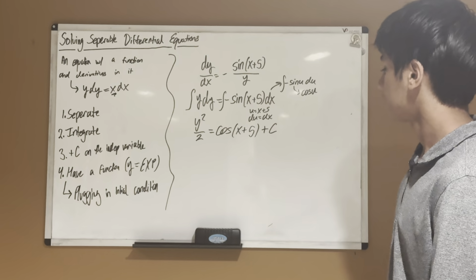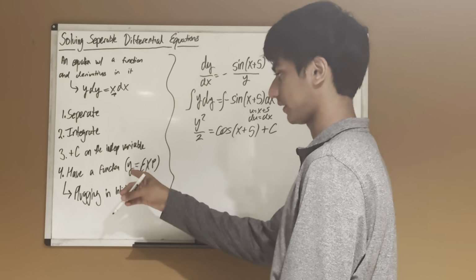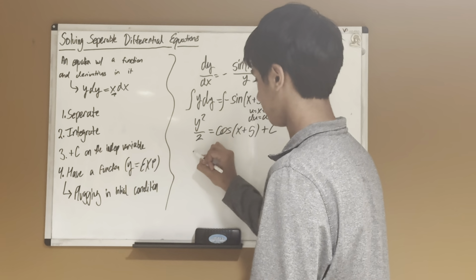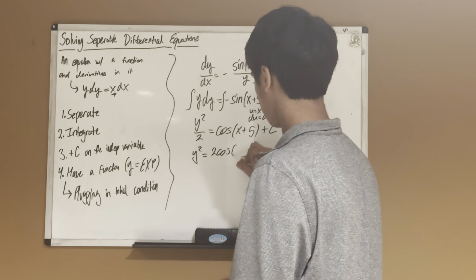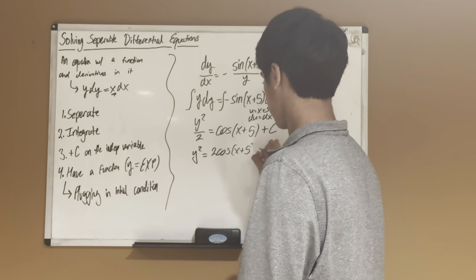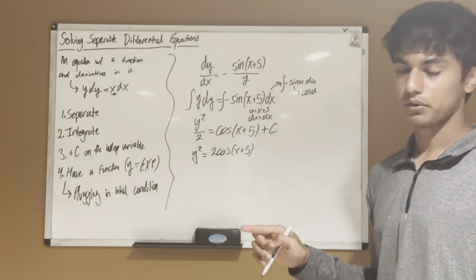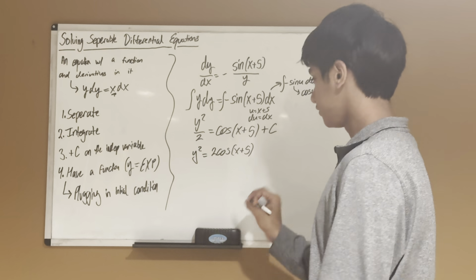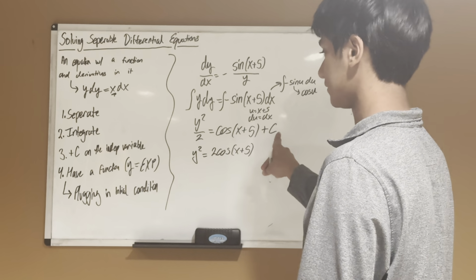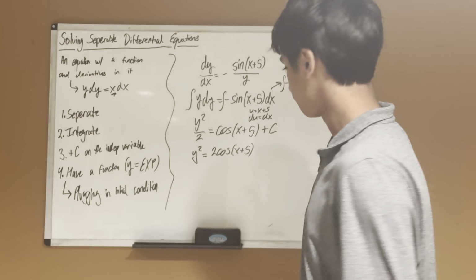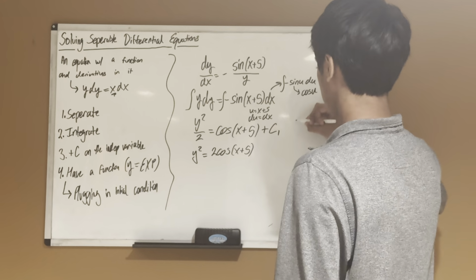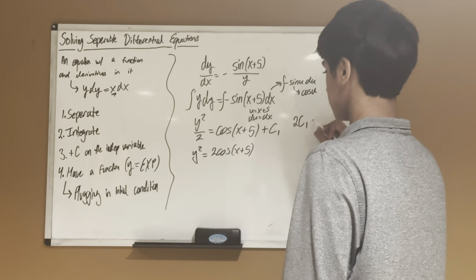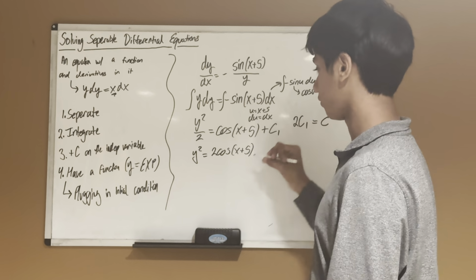So now we have to get y by itself, right? So we multiply both sides of the equation by 2. So we get 2 cosine of (x plus 5) plus 2c, right? Because we're multiplying 2 by c, and c is just any value, we can call this c1, and if we call 2 times c1 equal to c, now we can just call it plus c.